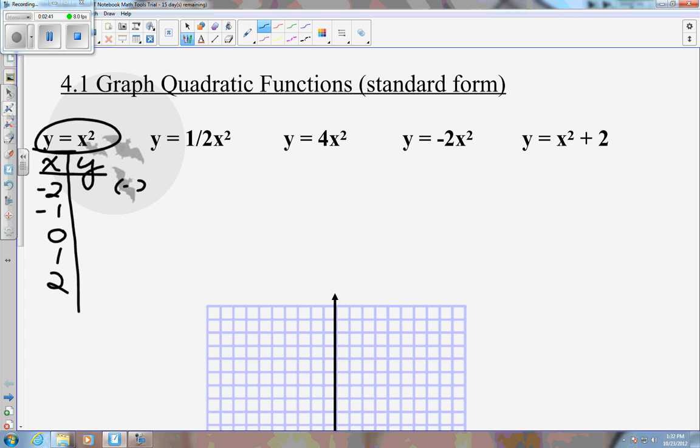So I got negative 2 squared is a positive 4. Negative 1 squared is 1. 0 squared is 0. 1 squared is 1. And 2 squared is 4. Everybody clear on where all my numbers came from?